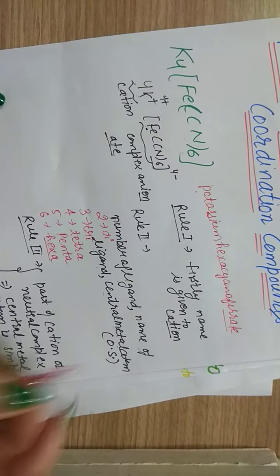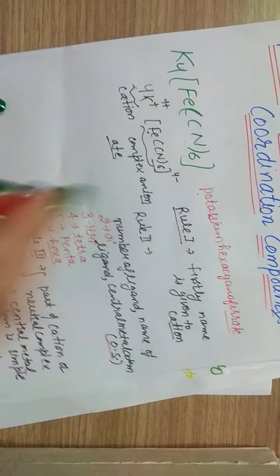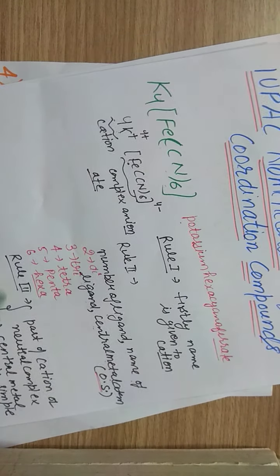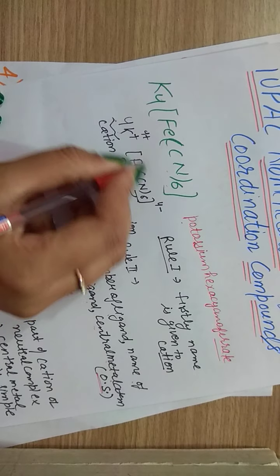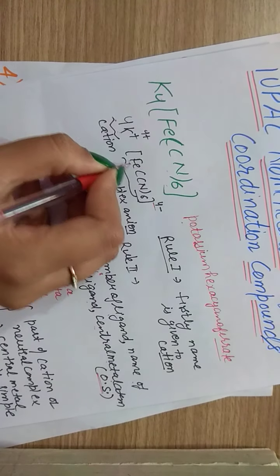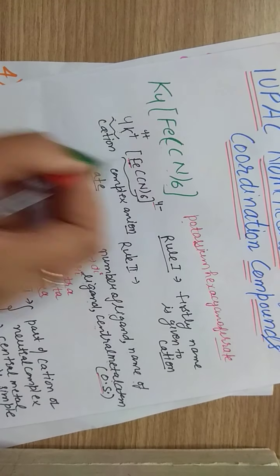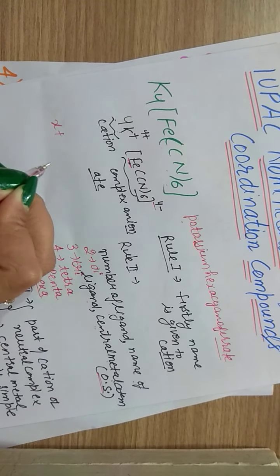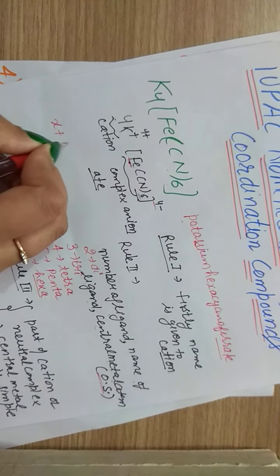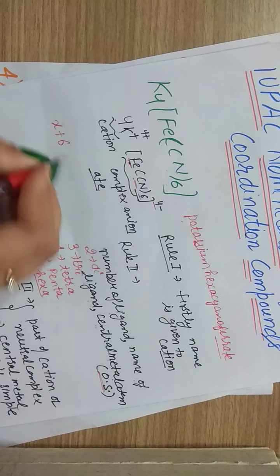Okay, now the last step is the oxidation state. We have to mention it. The charge on this complex is 4 negative, and we have to find the oxidation state of iron Fe. Let it be X. There are 6 ligands, and one CN ligand carries the charge -1.